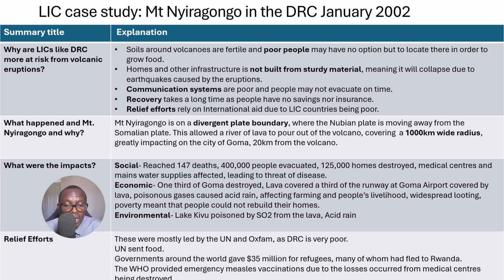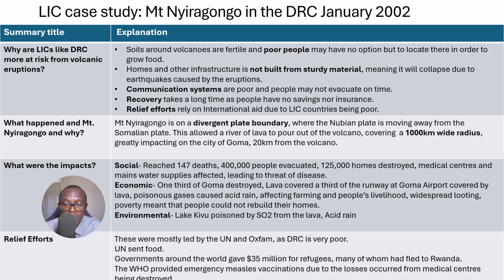So what about the relief efforts then? Now, because the DRC is very poor, most of the relief and aid was led by the UN and Oxfam. So it was led by international organizations. The UN, for example, sent food, and governments around the world gave money for the refugees.